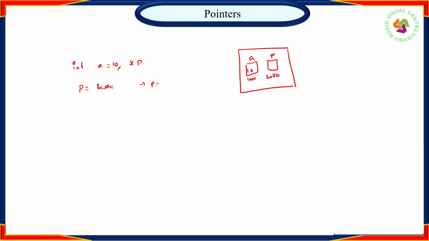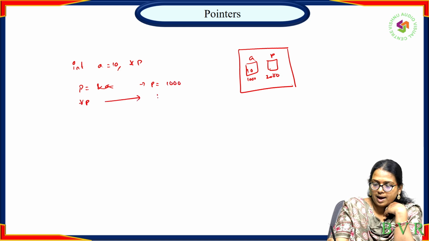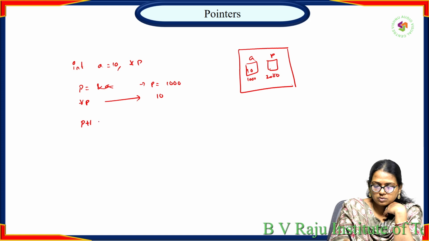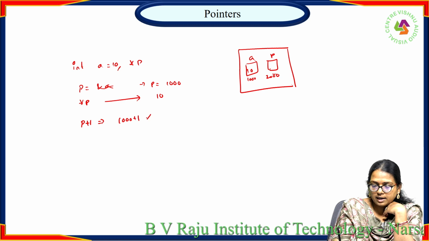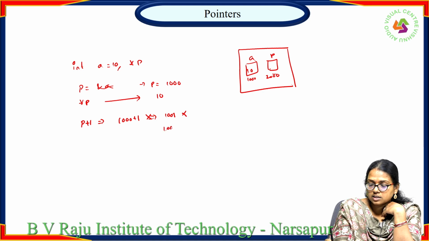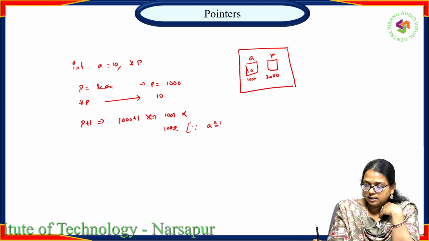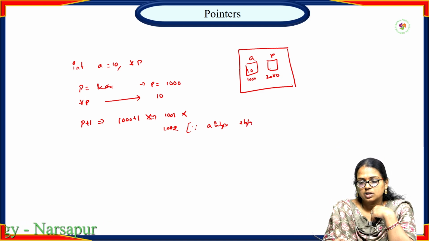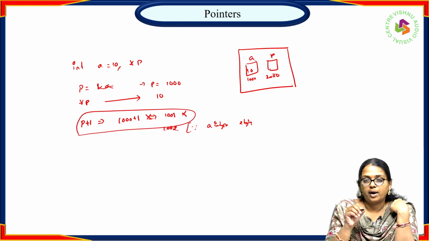Then p will give 1000, and the value at pointer p will give 10. Now if I write p plus 1, it won't add 1 to 1000, it won't give 1001, that is wrong. It will give the next memory location 1002, because a is an int type, it will take 2 bytes to reach the next location. This is known as the scaling factor on pointers.